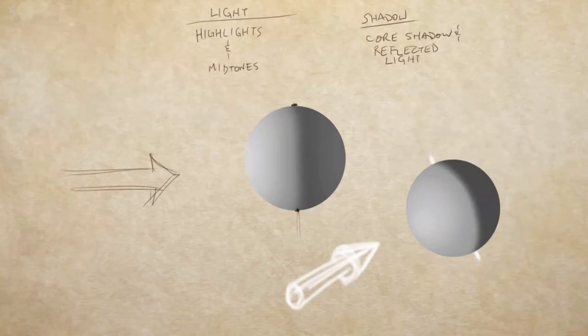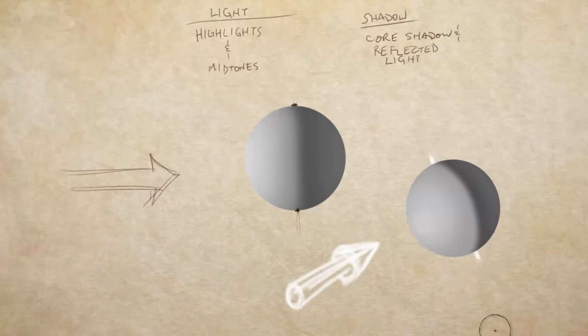And again, the reflected light is going to be lighter than the core shadow, but not as light as the midtone, not even close. So you can put in the reflected light. And there we go. So now we have another sphere.